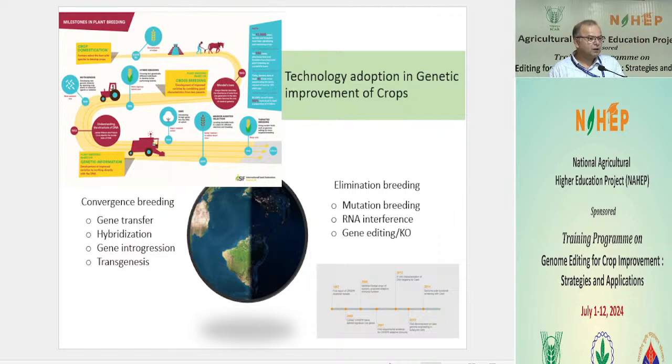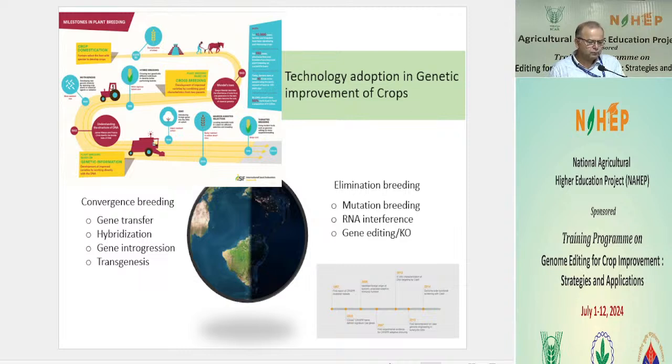So that kind of problem was overcome by the development of molecular markers, where once a molecular marker is developed, it can be used, and that gave birth to marker assisted selection or marker assisted breeding, MAB or MAS.